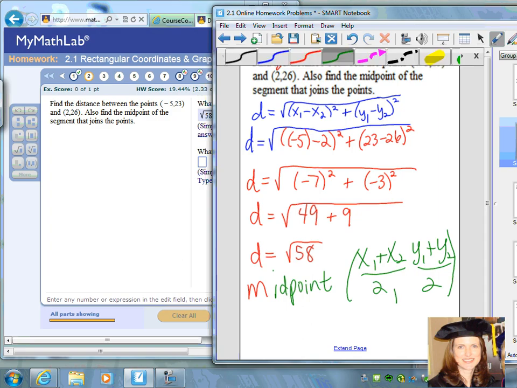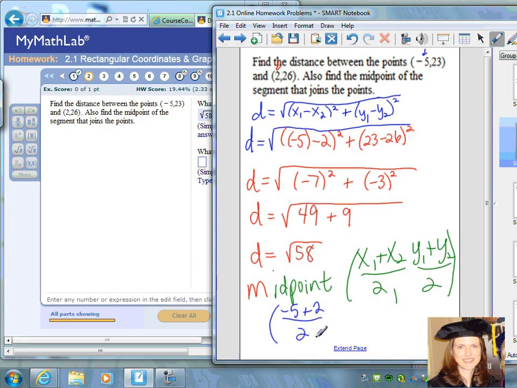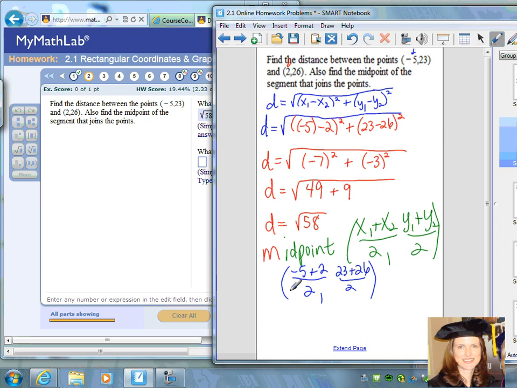Plugging in the given values, we can find that our midpoint is negative 5 plus 2 all divided by 2, and 23 plus 26 all divided by 2. Simplify the numerator, we get negative 3 over 2.